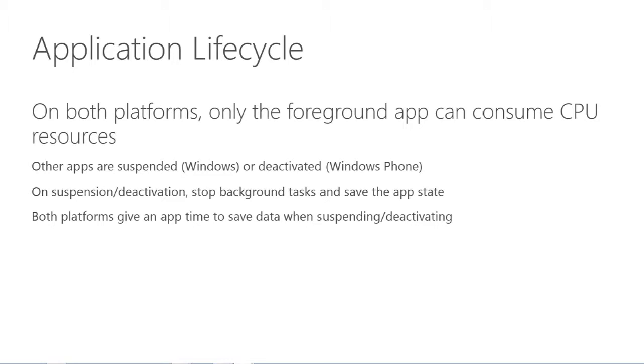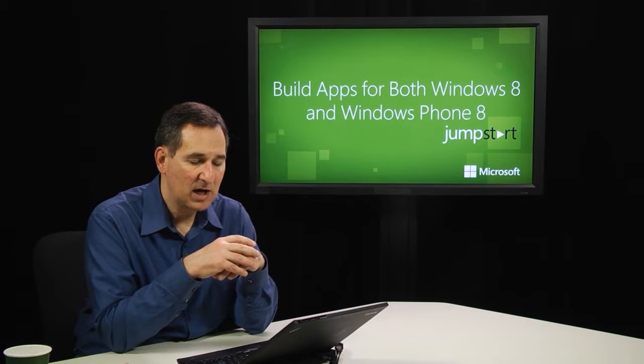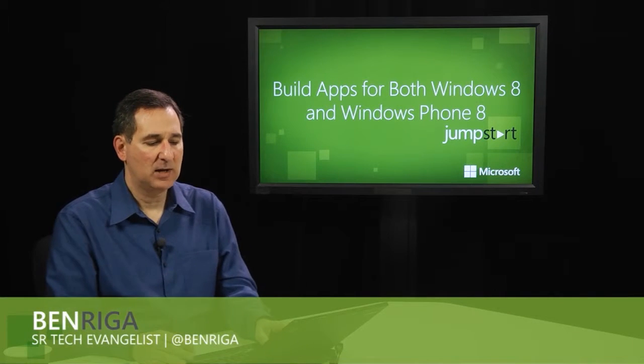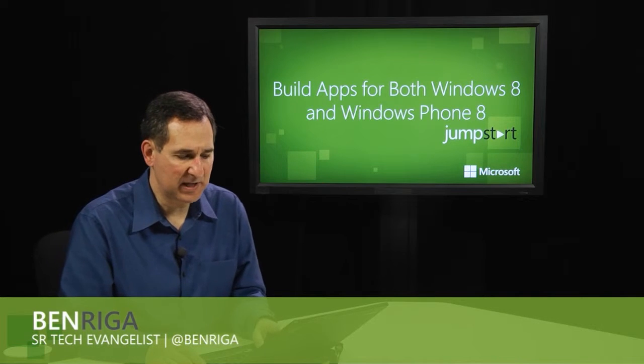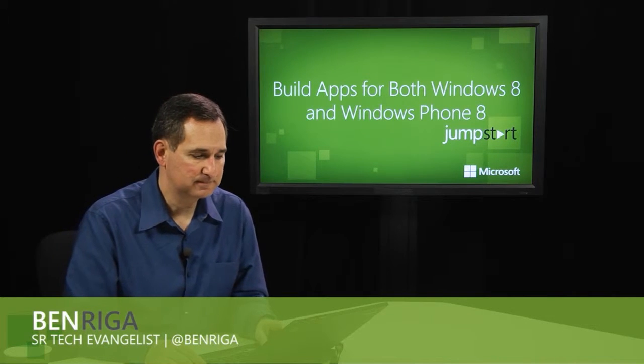Both platforms give the app a certain amount of time from when they begin getting suspended, when they get that event of suspending or deactivating, in order to save state. It's a few seconds, more than enough to save your state in local storage, and then you're put into that suspended or dormant state.